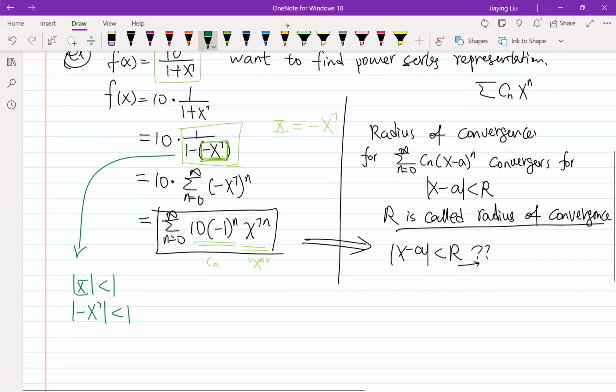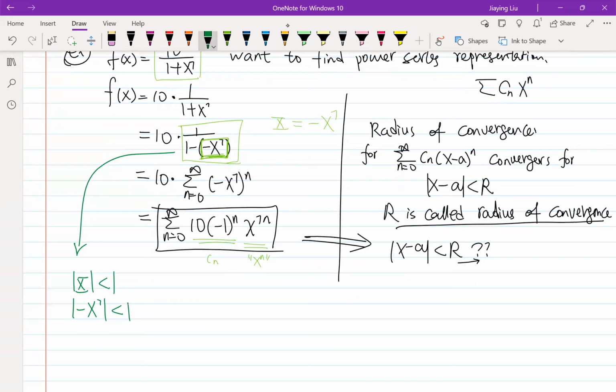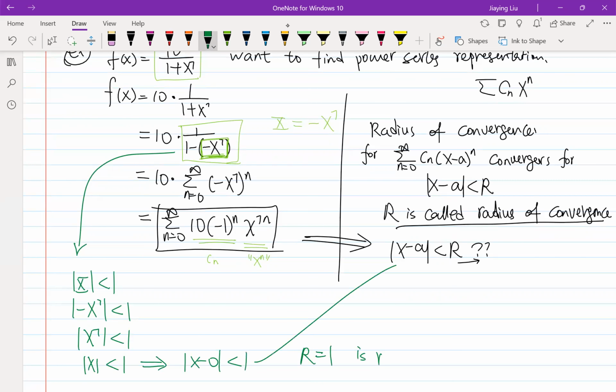Which follows that we can solve for lowercase x, which is absolute value of x to the 7th less than 1. Take the 7th root, absolute value of x less than 1. And then we can just write this as absolute value of x minus 0 less than 1. This is in the form of absolute value of x minus a less than R, so that means R is equal to 1, which is the radius of convergence.